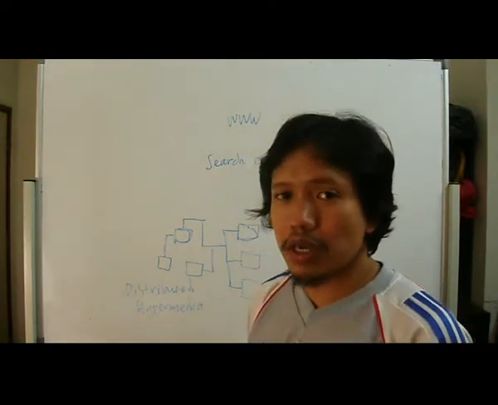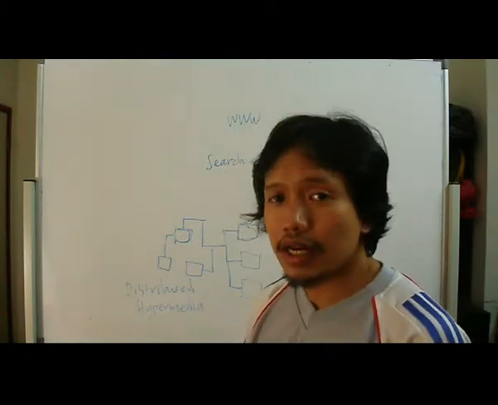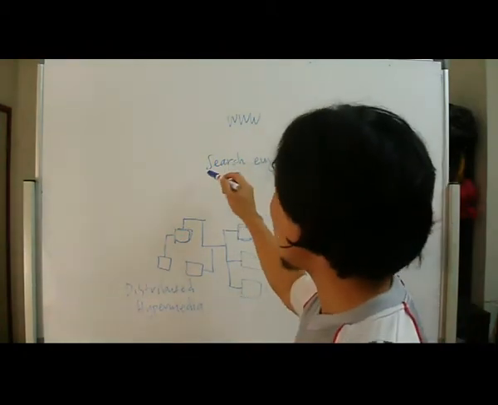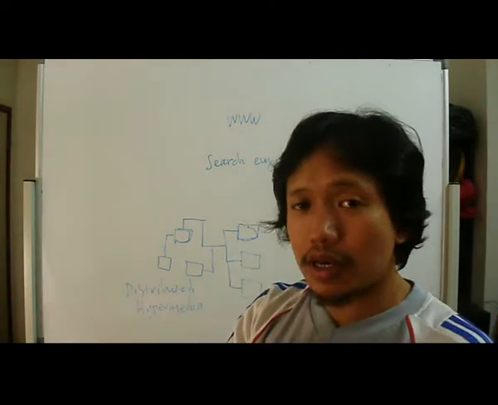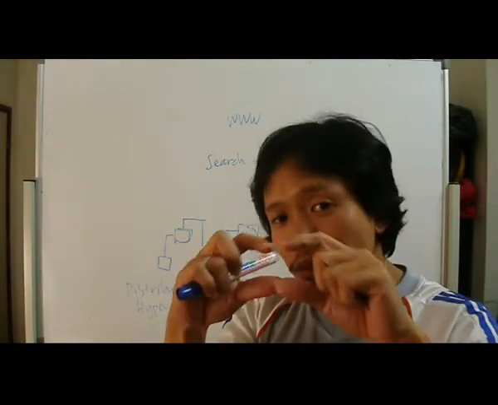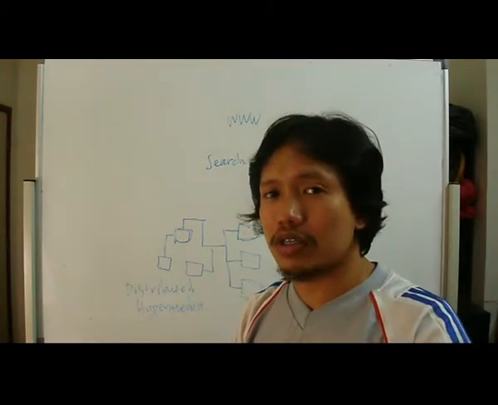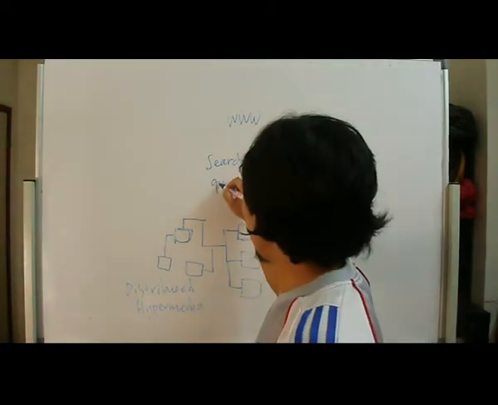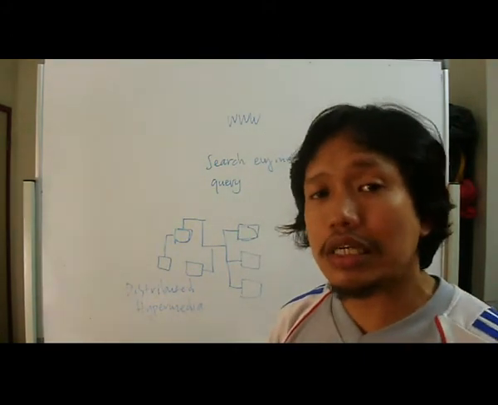Search engines make life easier for us over on the internet, over on the World Wide Web, because they actually do the searching for us, and then we just type it inside there. There will be like a box, right? We'll call it a query box, right? Query, meaning to say that you make a query to a search engine.